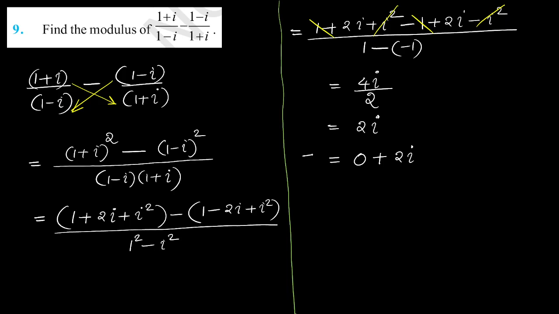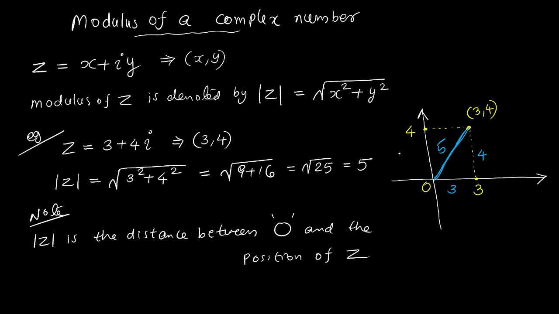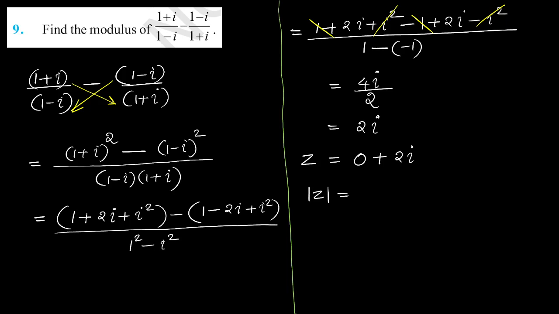Let me denote the answer by some letter z. I want the modulus of z. Our question is the modulus of z. What is the formula? Root of x square plus y square. So here the modulus of z will be root of 0 square plus 2 square.